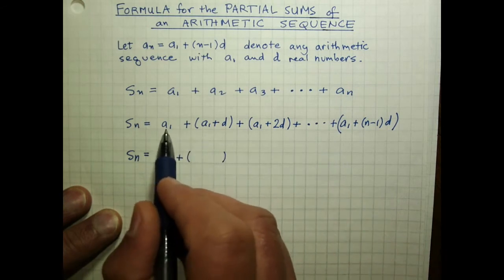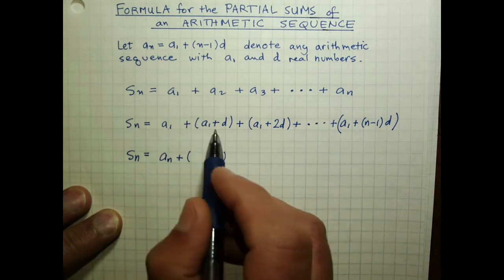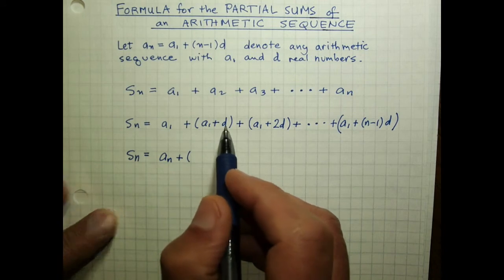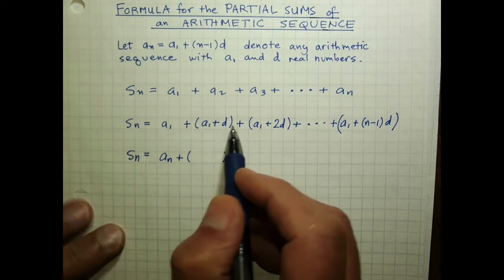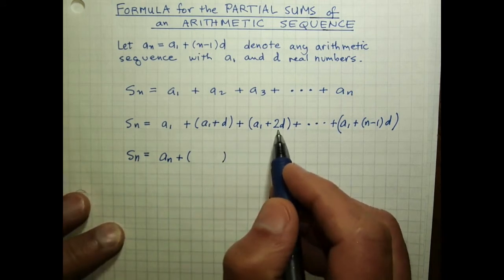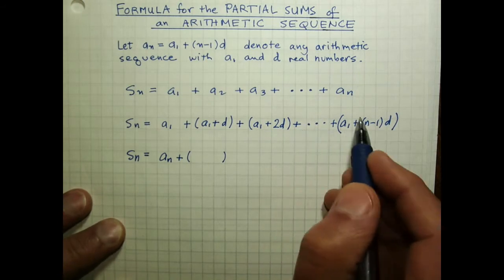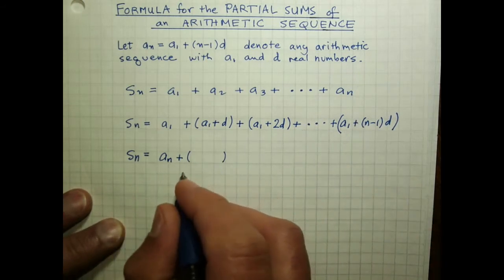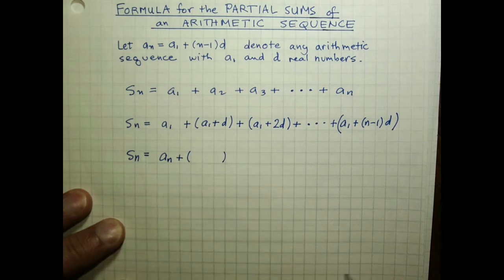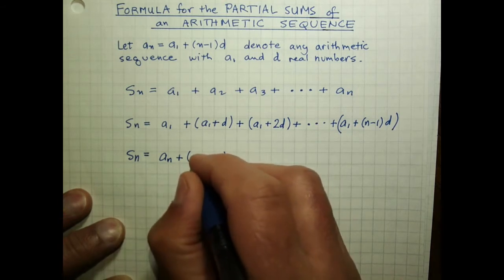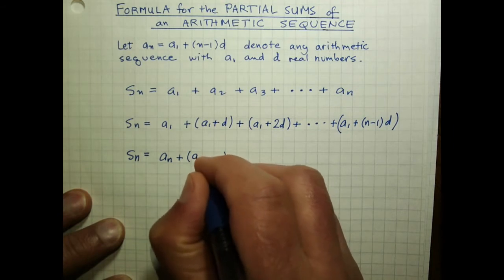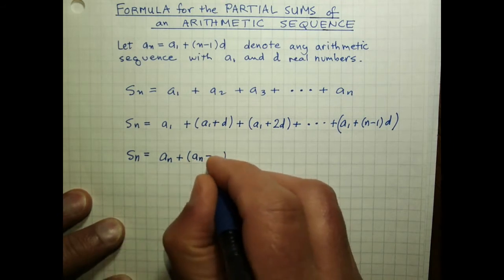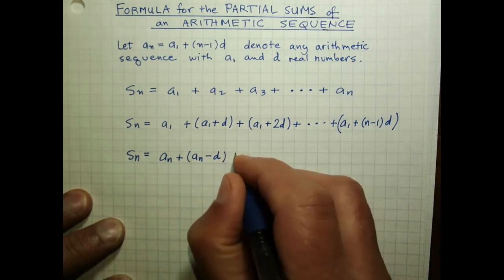Because I know as I go forward, I add on d, then I add on another copy of d, and another copy of d. If I go backwards, I'm going to take an and subtract a copy of d from an. So the term just before an would be an minus d.